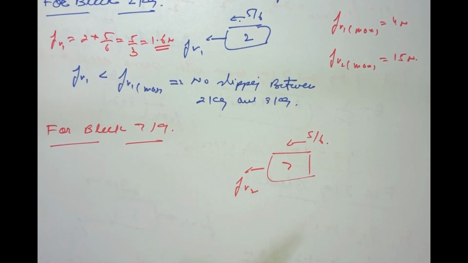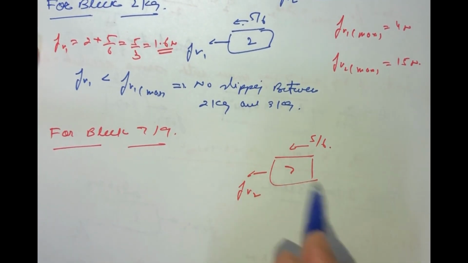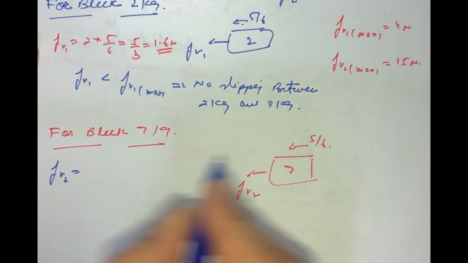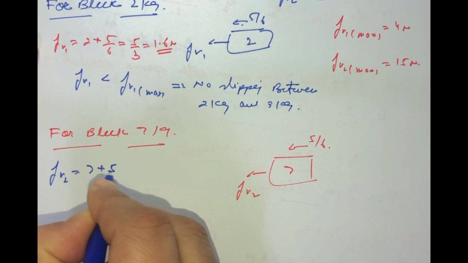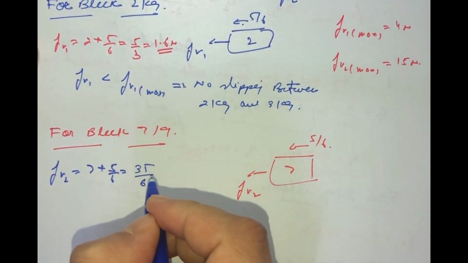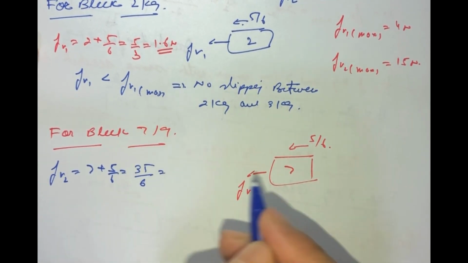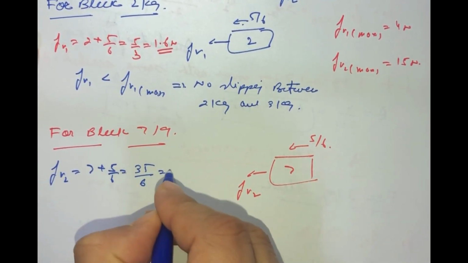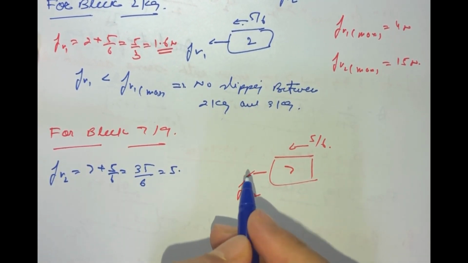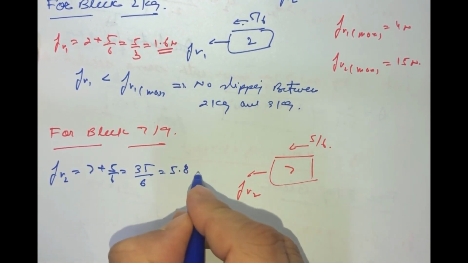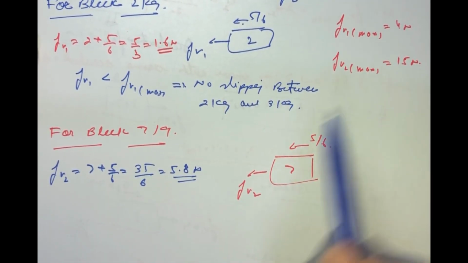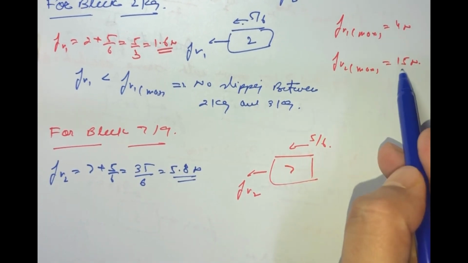So we can find out our Fr2. Fr2 will be equal to 7 into 5/6, which is equal to 35/6, and this will be nearly 5.8 Newton. Now we know that Fr2 max is 15 Newton.